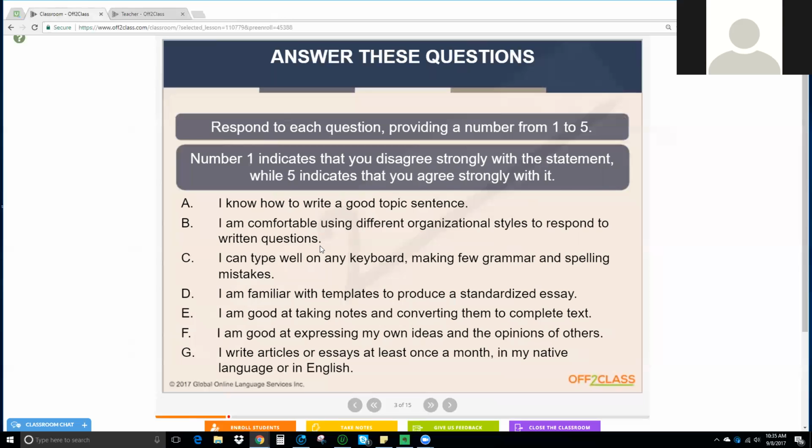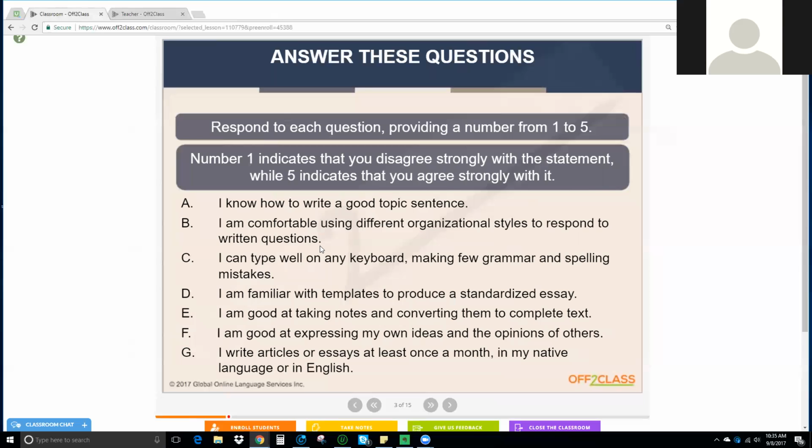Okay, so if you did not assign at least a 4 or 5 to these, then you probably are not ready for the TOEFL yet. And these are the things that we are going to help you with.